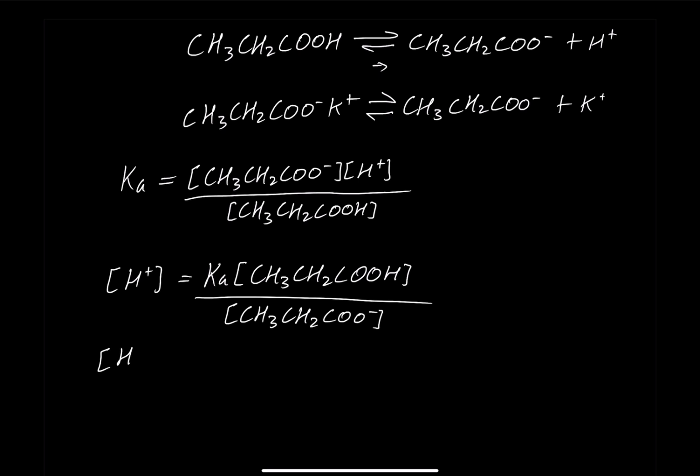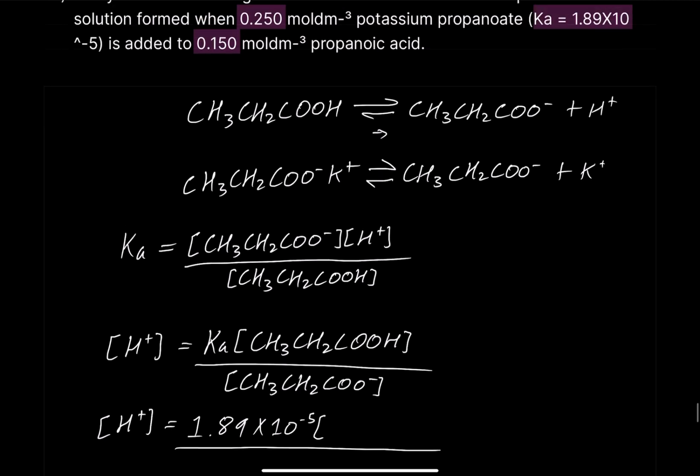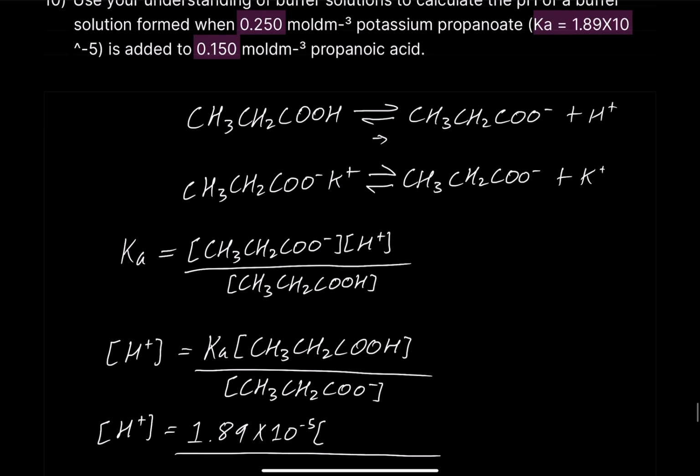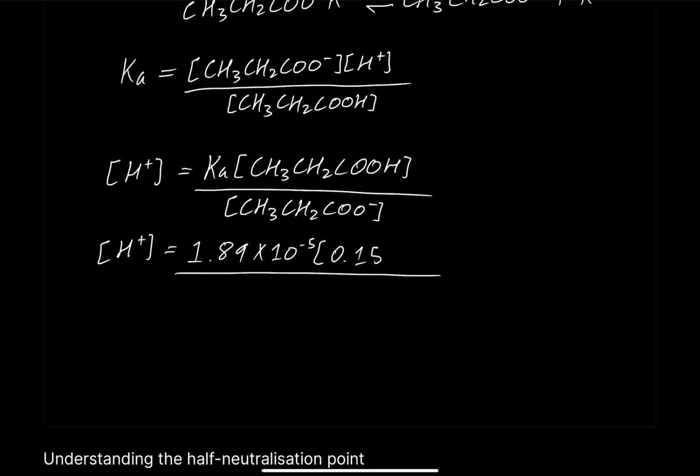Substitute in our values: 1.89 times 10 to the power of minus 5, multiplied by our HA, which is 0.15, and then over 0.25.